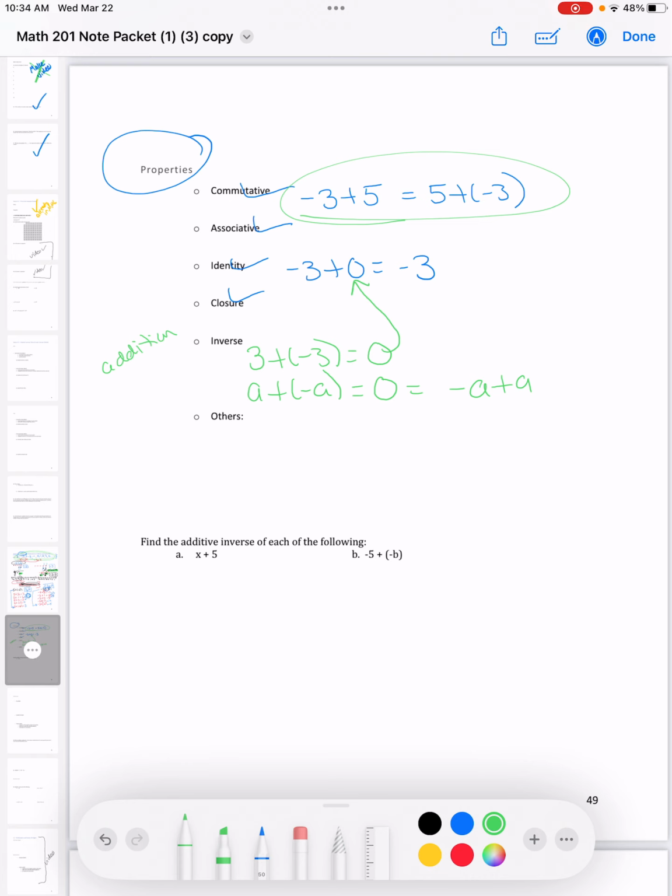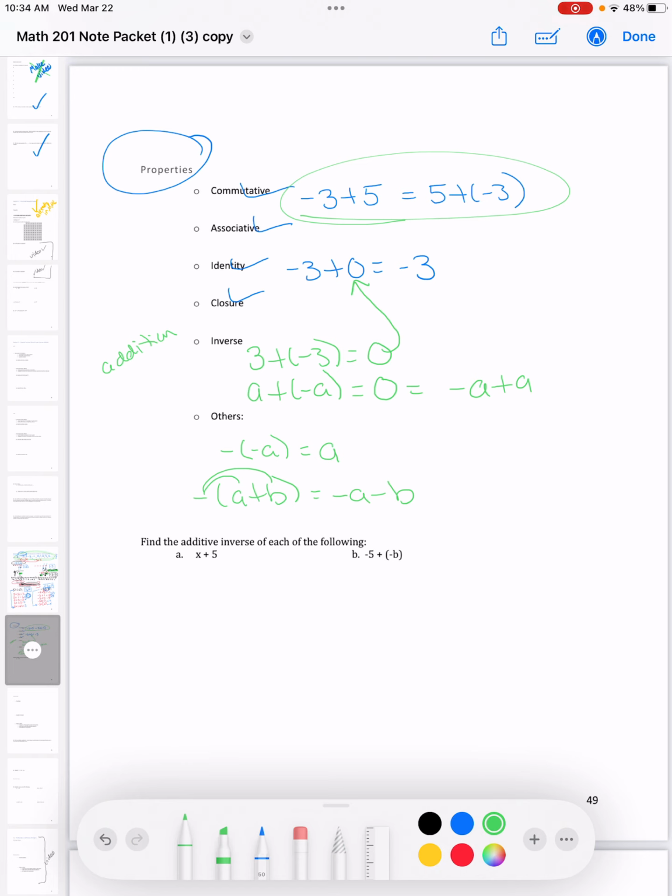Now our other rules are true. These don't have fancy names, but 2 negatives do end up making a positive. So a -(-A) ends up being a positive A. And then we also have the idea of distributing across our terms there.